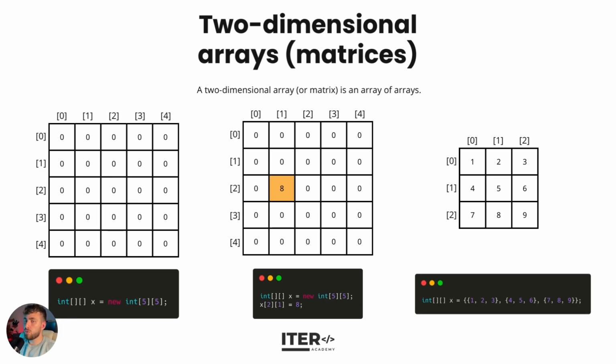Please note that here we use indices. So the row with index 2 is actually the third row, and the row with index 1 is actually the second row because we start the enumeration from 0. And in the third example, we also define a 2-dimensional array, but we immediately initialize it with values.